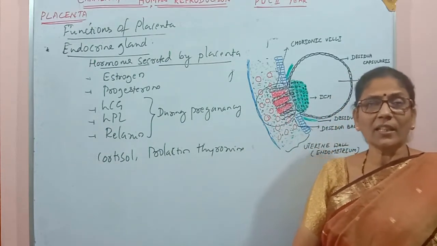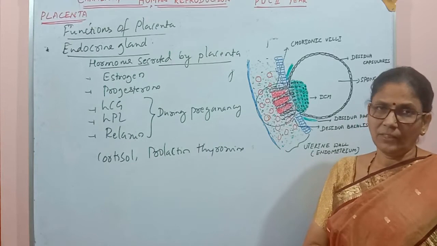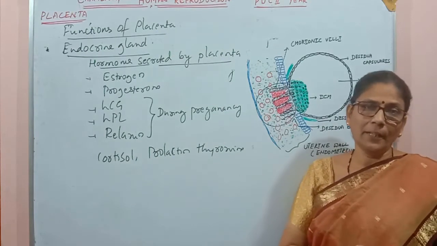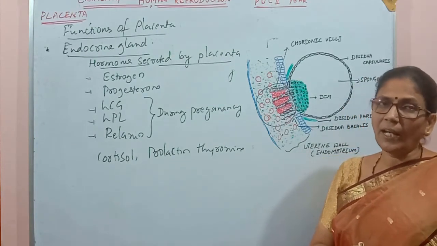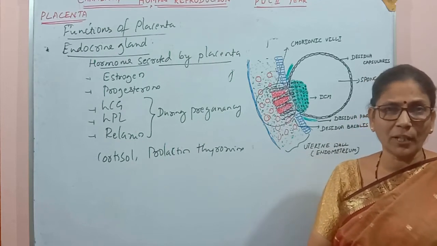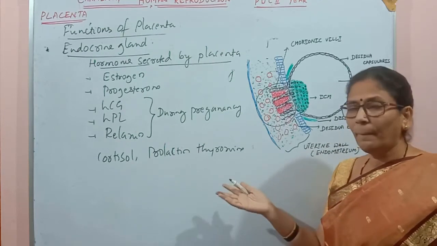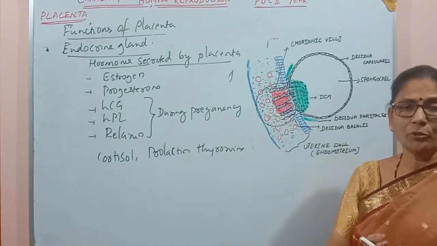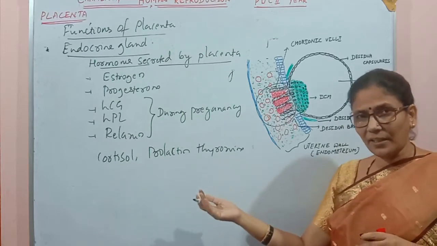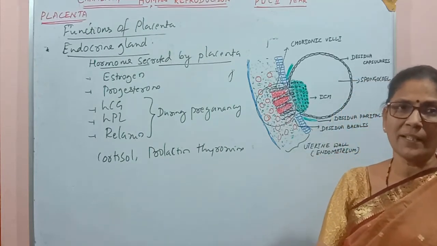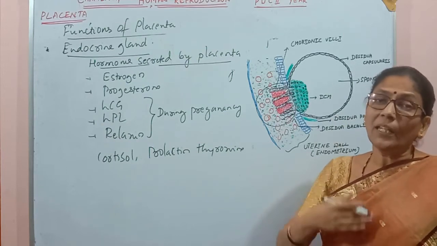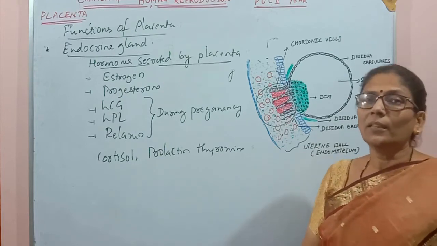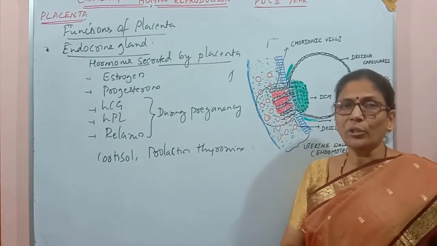Their production is increased many folds, and their increased concentration is useful for fetal growth and metabolic activities in the mother's body and also maintenance of the pregnancy. They are already there in the maternal body before pregnancy also, but the concentration is increased during pregnancy for the purpose of the pregnancy. So these hormones are useful.